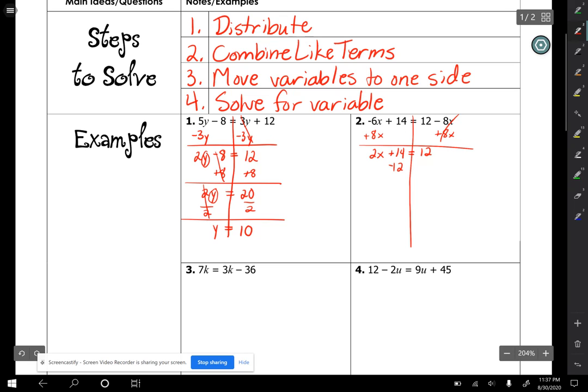Wait. I need to subtract 14 from both sides. Sorry. Divide by 2 on both sides.